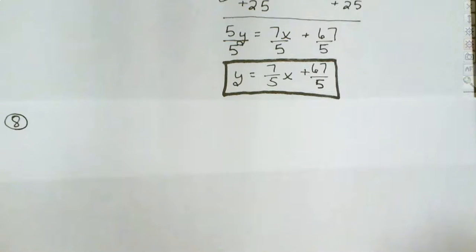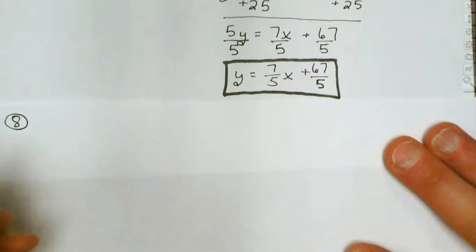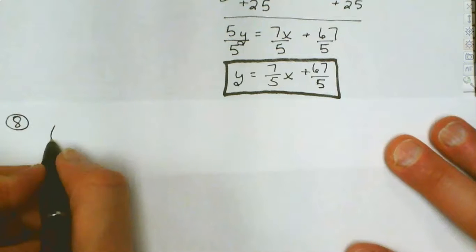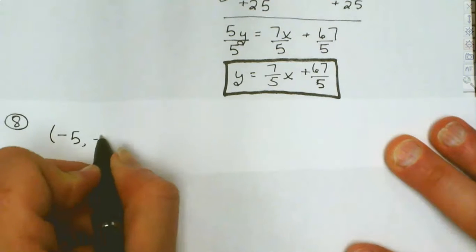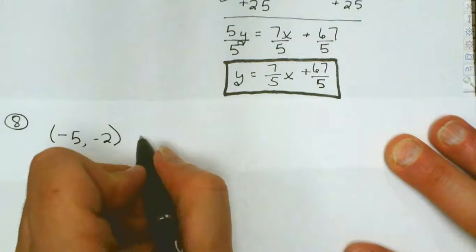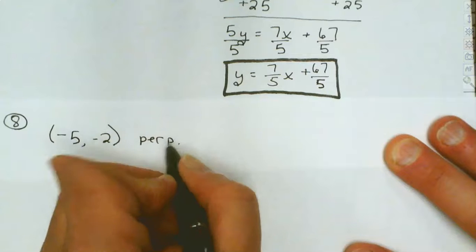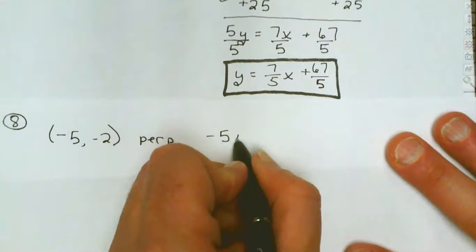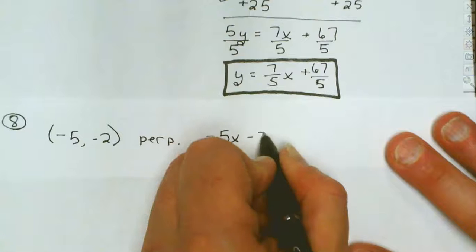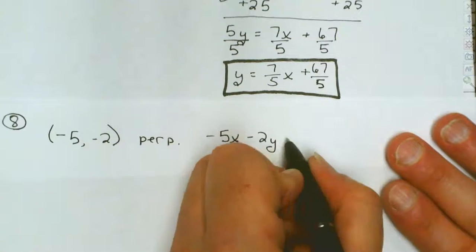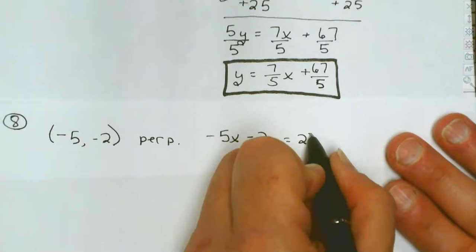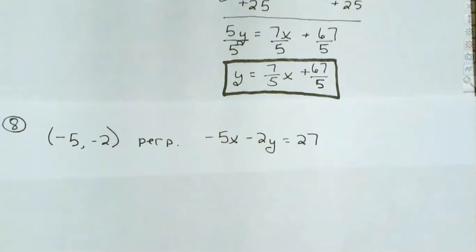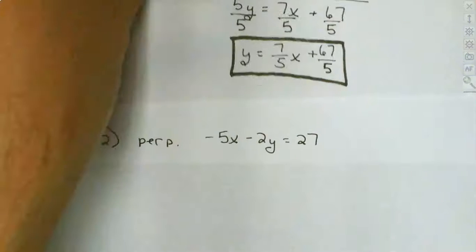Question 8 is perpendicular. So we've got -5, -2. We want this to be perpendicular to -5x minus 2y equals 27. So we're going to repeat the process that we did on the last one.